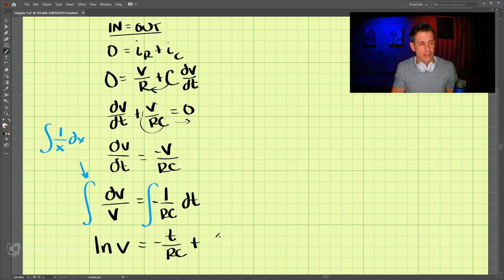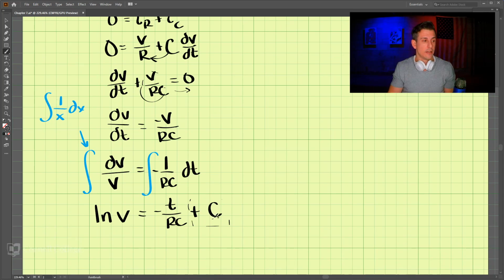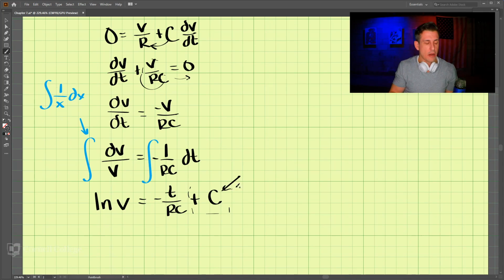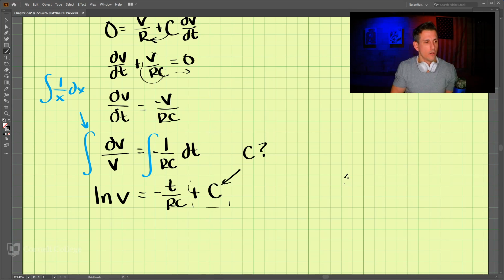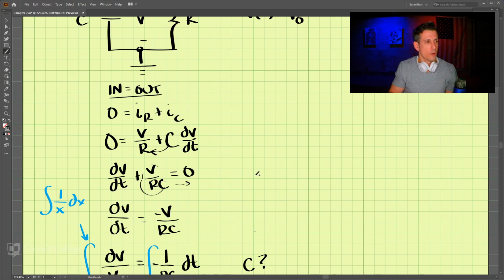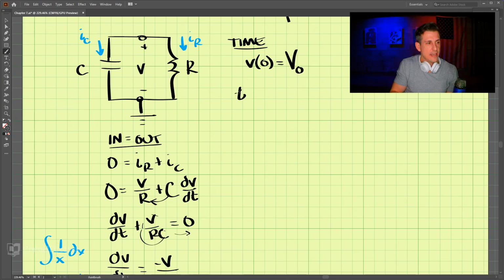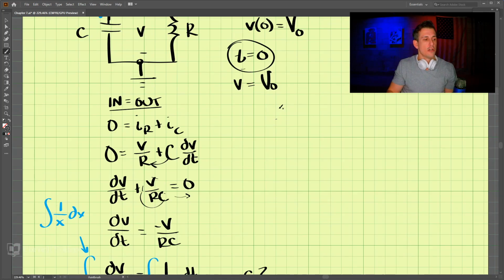And then we need to make sure that we add on our constant. Remember, when we integrate indefinite integrals, we have to add this plus c on. What is c equal to? Remember, when t equals 0, v is equal to v naught.